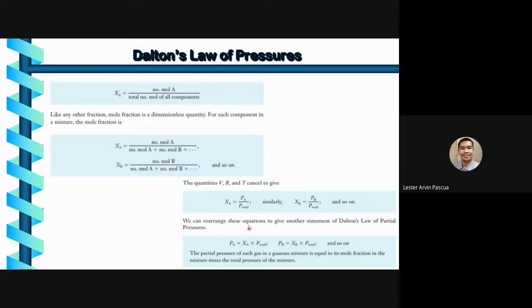Tapos, you can also use that with your pressure, using also the ideal gas law. Pag ginamit mo yan, you can also determine the pressure of your component using the mole fraction times your total pressure. So parang sinasabi niya, since alam mo na kung anong percentage ng mixture mo yung hinahanap mong component, multiply that dun sa total pressure ng mixture mo.